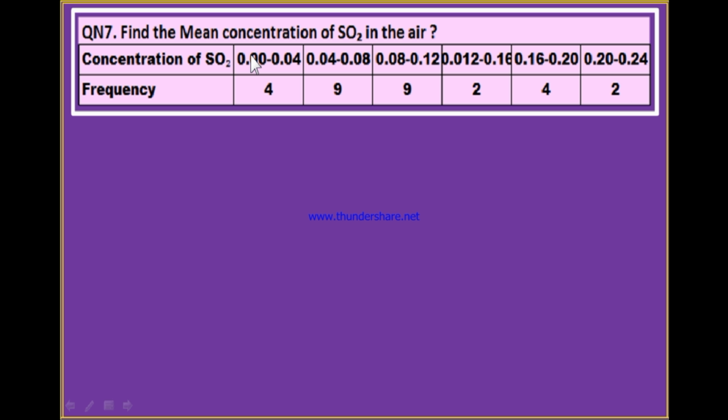The first row is the concentration of SO2 and the second row is its corresponding frequencies. Now we have to find the arithmetic mean for this given data.